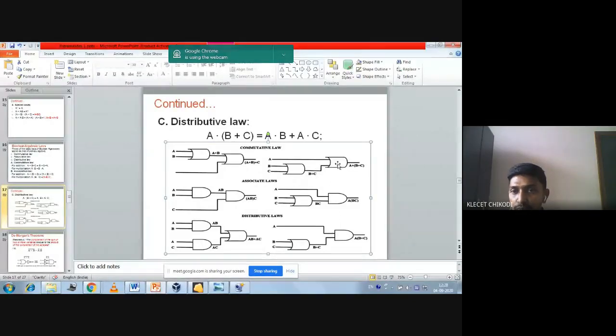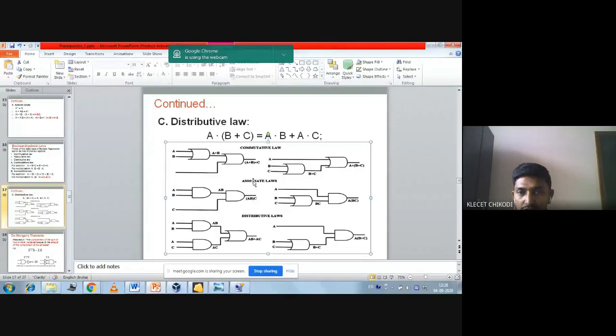The first input for the second gate is A, and the second input is B plus C. So you can see that both outputs are equal: A plus B plus C equals A plus B plus C. So this is the commutative law.